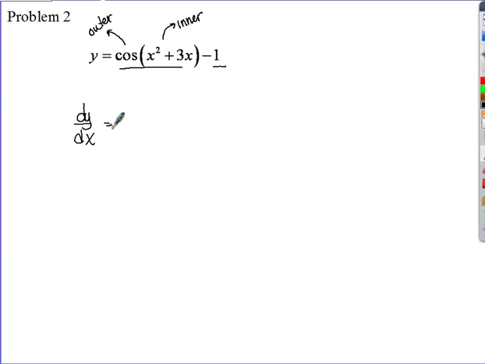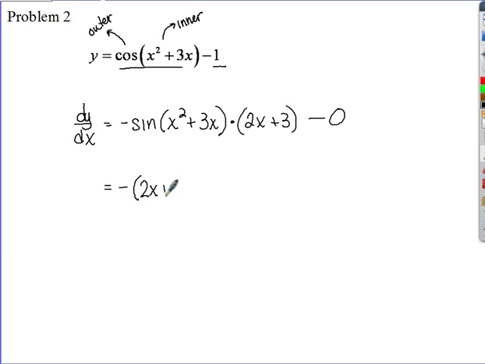So, derivative of the outside, negative sine. Leave the inside alone, times the derivative of the inside would be 2x plus 3. Minus the derivative of 1 is 0. Now make it pretty. Negative 2x plus 3 times sine of x squared plus 3x. That would be our derivative.